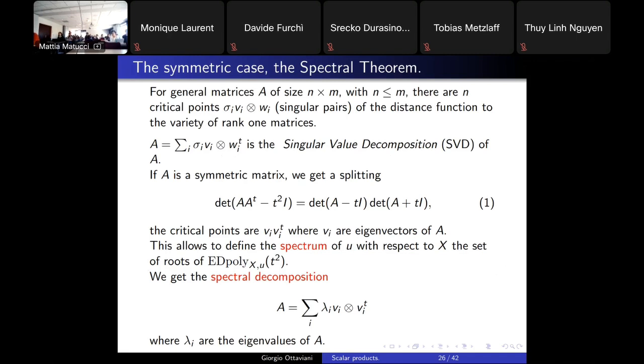In the sense, you recall, if you are given an ellipse, do the following. Instead of changing the metric, you can fix a Euclidean metric and change the curve. It's the same, no? And the most beautiful form is a circle, and this gives the minimum. So again, here you have this variety of rank 1 matrices.